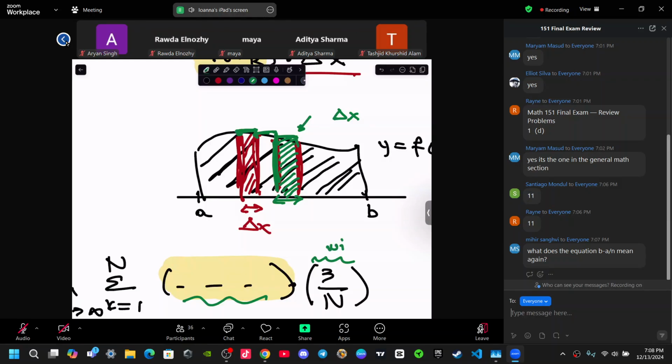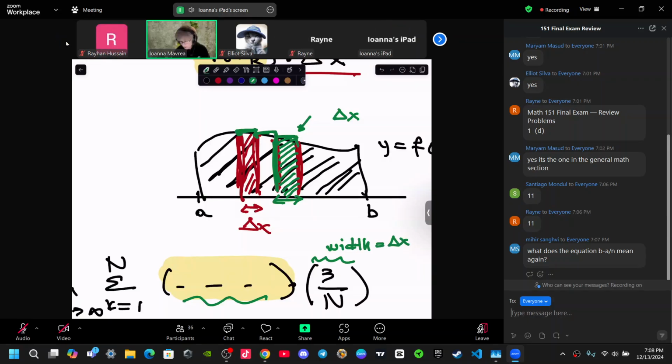This is the width of the strip, which is your delta x, which by definition is the length of the whole interval divided by how many pieces you have, right? If the interval is 100 feet long and you divide it into 2 strips, each strip will be 100 divided by 2. If the interval from A to B is 100 feet long and you divide it into 20 little strips, each strip will be 100 divided by 20, 5 feet long, right?